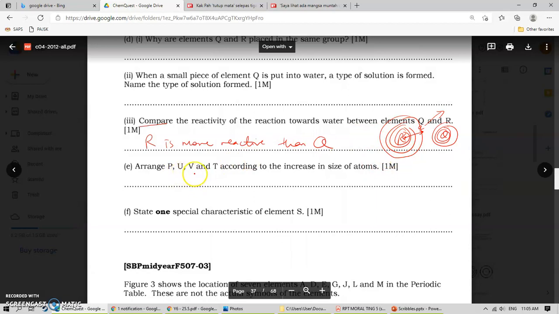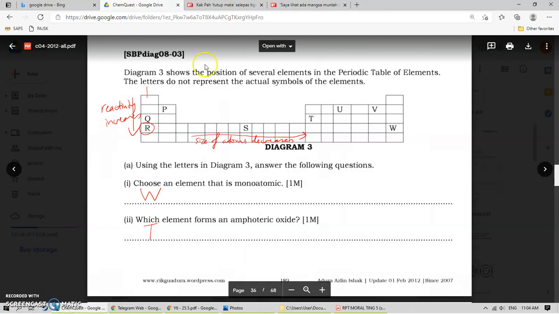Arrange P, U, V, T according to the increase. Increase means you want small to big size. The smallest size would be the one with the least number of shells. Now P, U, and V all have 2 shells filled with electrons.